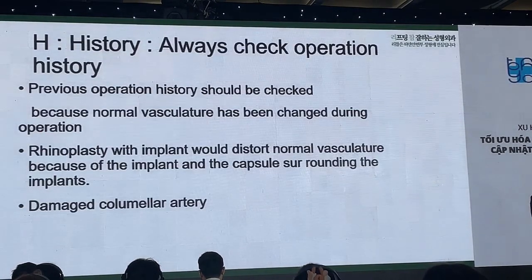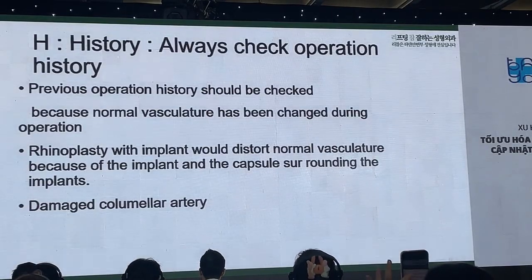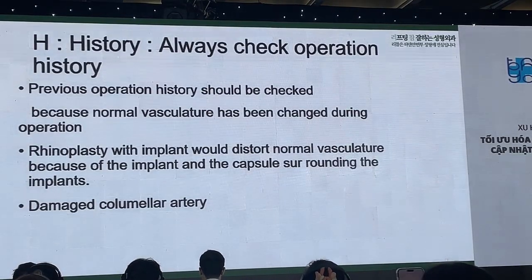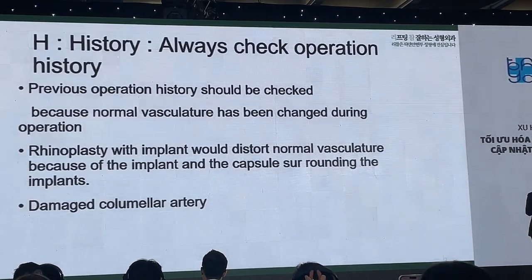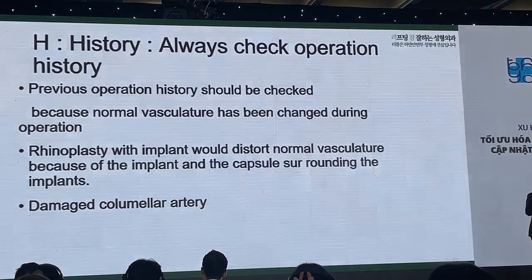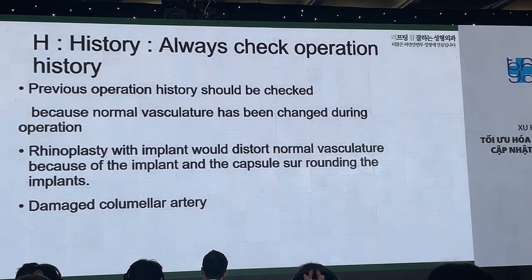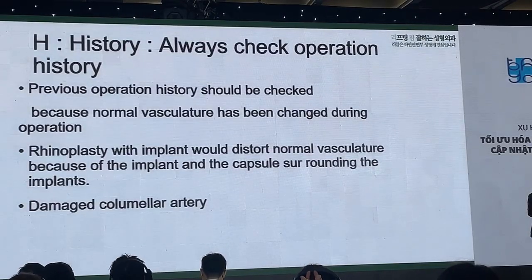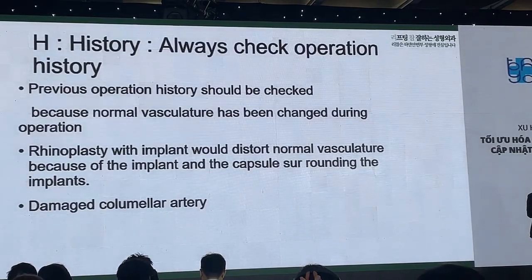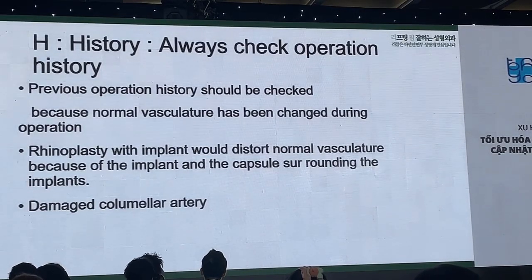H, history taking. Always review the patient's operation history. Previous surgeries can alter normal vascular anatomy, increasing the risk of complications. Be especially cautious in patients with facial implants such as rhinoplasty, since the implant and its capsule can alter the native vascular course.